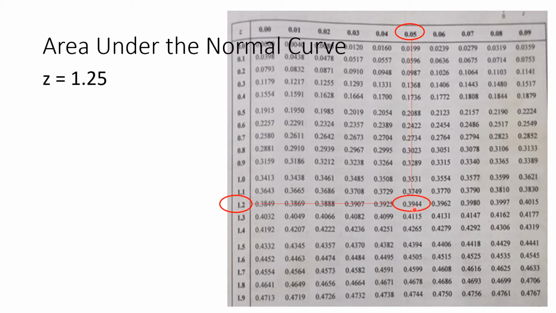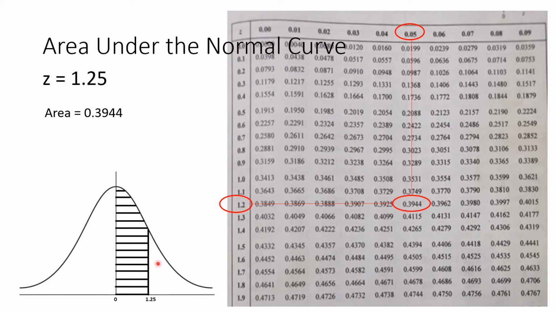So if the two values meet this value 0.3944, it means it is the area bounded by the curve from 0 up to the z-score 1.25. From 0 up to positive 1.25, the area is 0.3944.